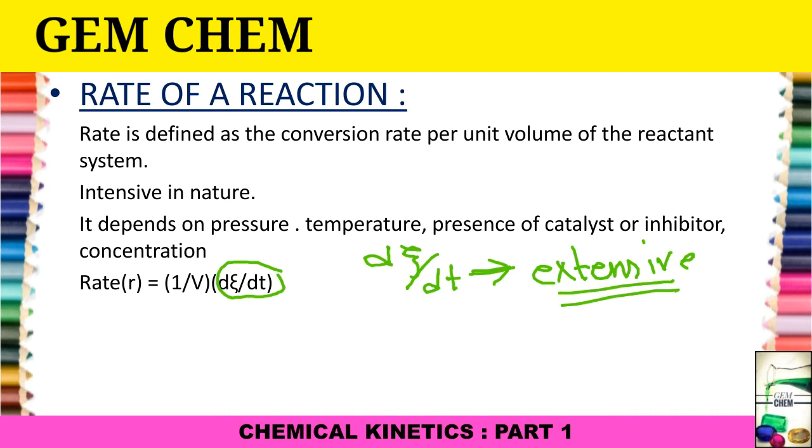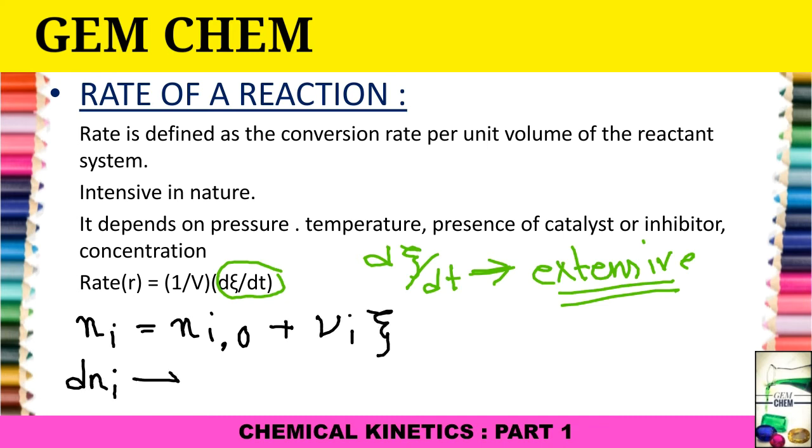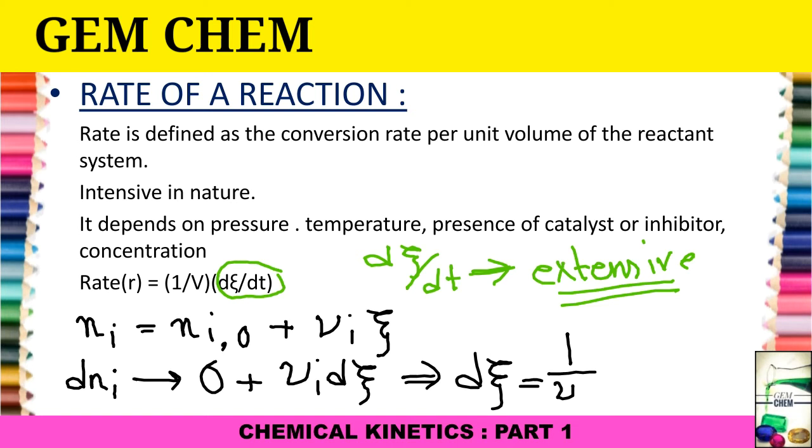Now we are going to derive the rate of reaction from this particular equation. Now see, here we know that Ni equals Ni0 plus nu i eta. So we can write d eta equals 1 by nu i d Ni.